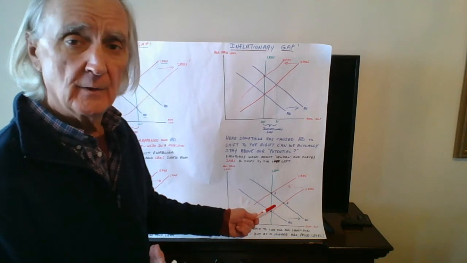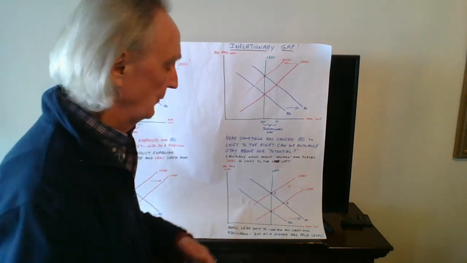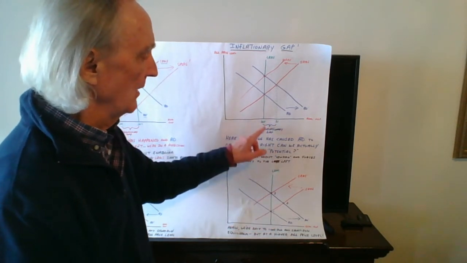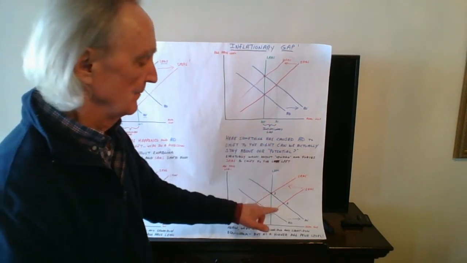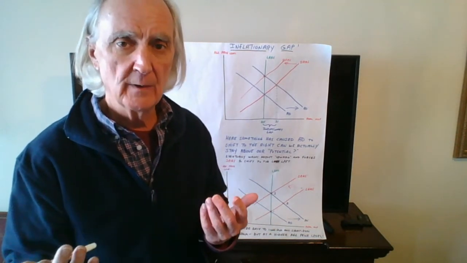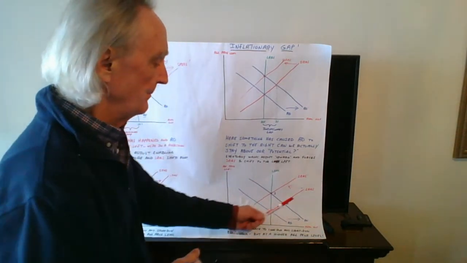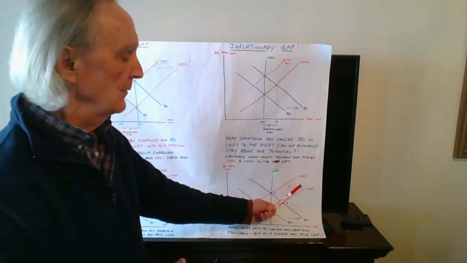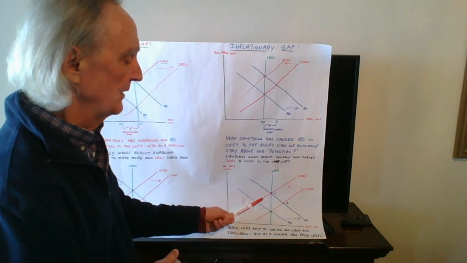And it does. So we go from 1 to 2, which is our inflationary gap, but then with labor input going up, less is going to be made, and it's going to eventually shift short-run aggregate supply back to the left to 3.